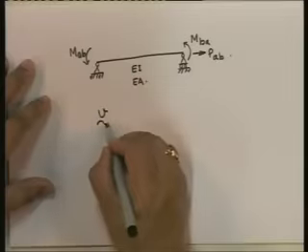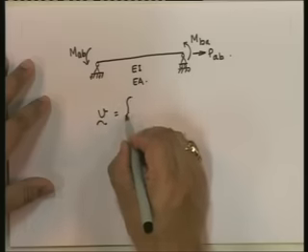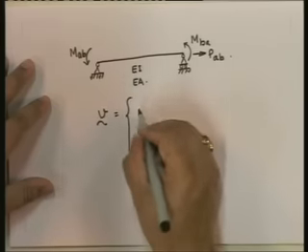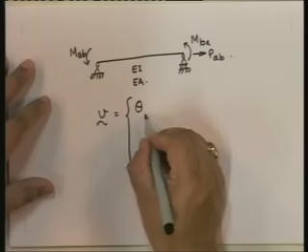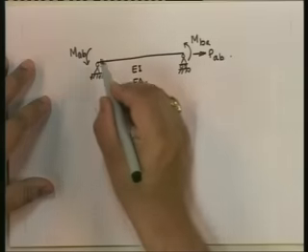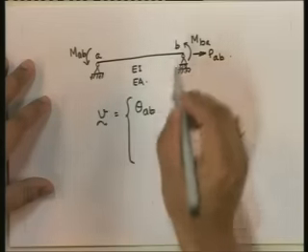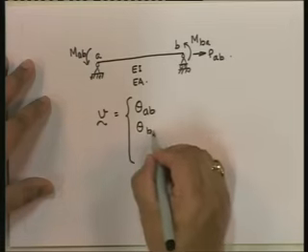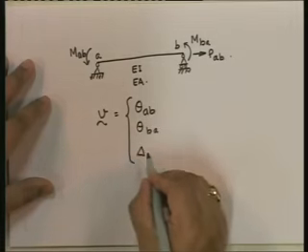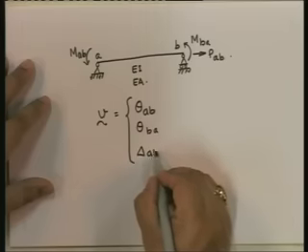This typically has to be done, although we tend to neglect it in a general situation. But suppose we want to consider it. How do we write down the V? Okay, if you look at it, the V in this particular case are equal to theta AB, theta BA, and delta AB.